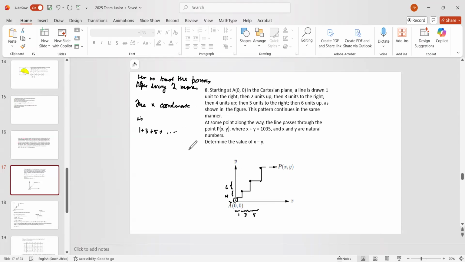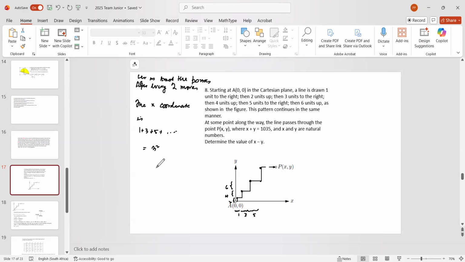Now there's a formula for the nth sum of odd numbers: it is n squared. 1 is 1 squared. 1 plus 3 is 2 squared. 1 plus 3 plus 5 is 3 squared.